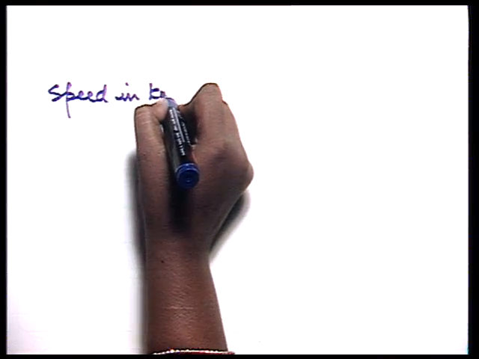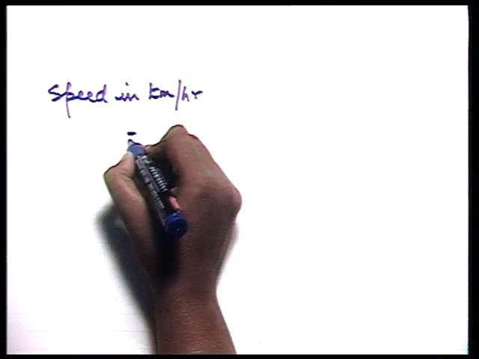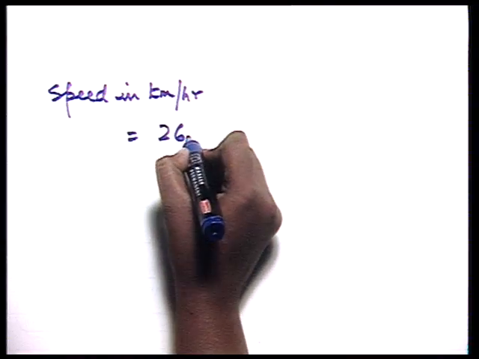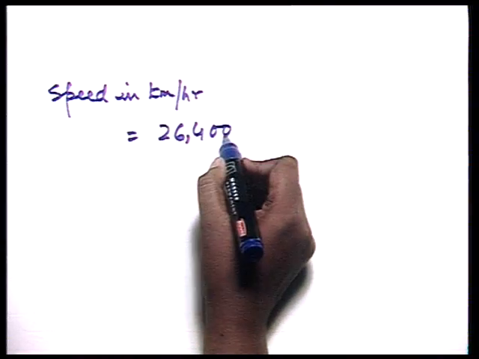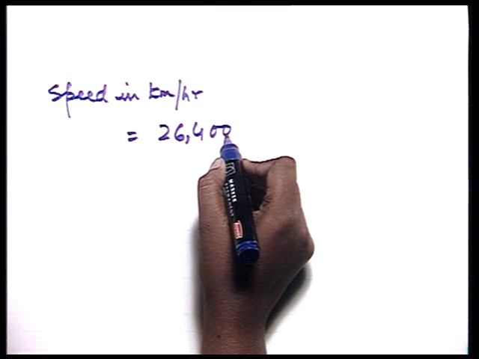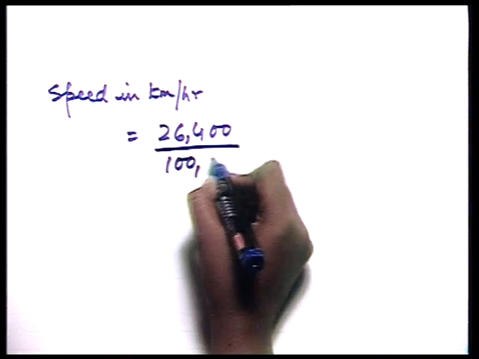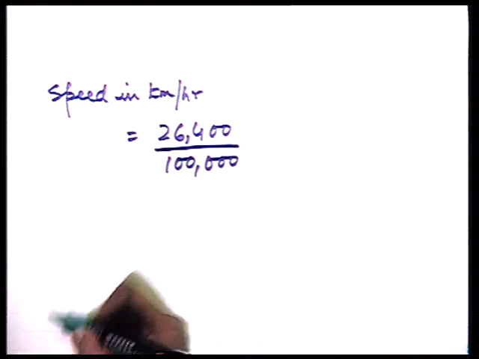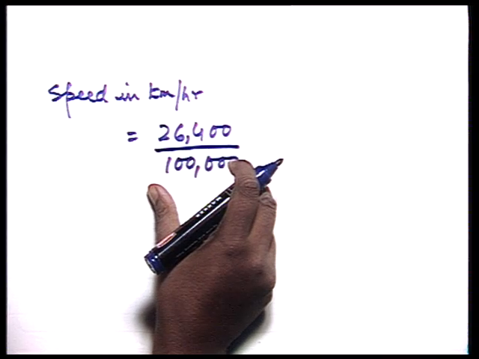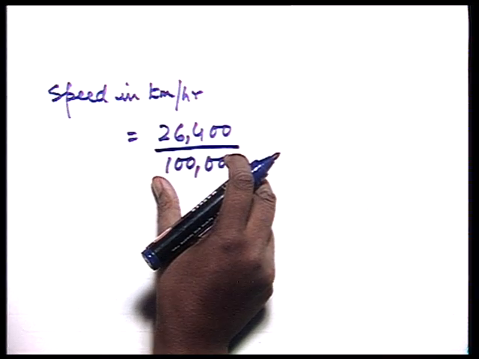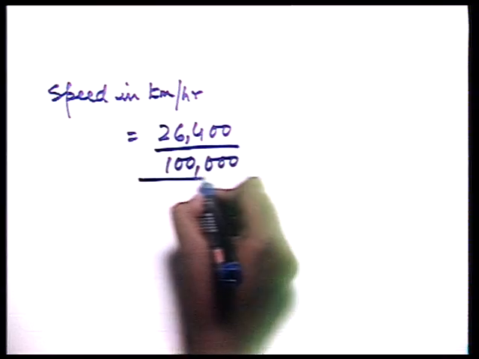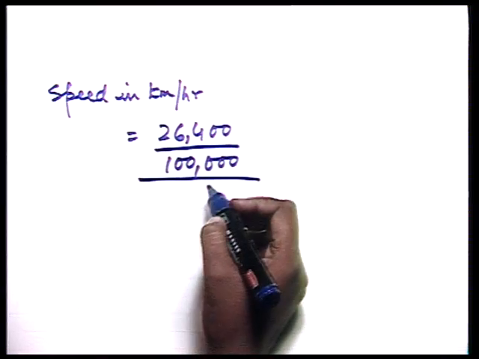So, speed of the wheel in kilometers per hour is equal to 26,400, this is in centimeters. First of all, we have to change it to kilometers. So, divided by 1 lakh. So, this quantity is now in kilometers, and we have to change from minutes to hours.